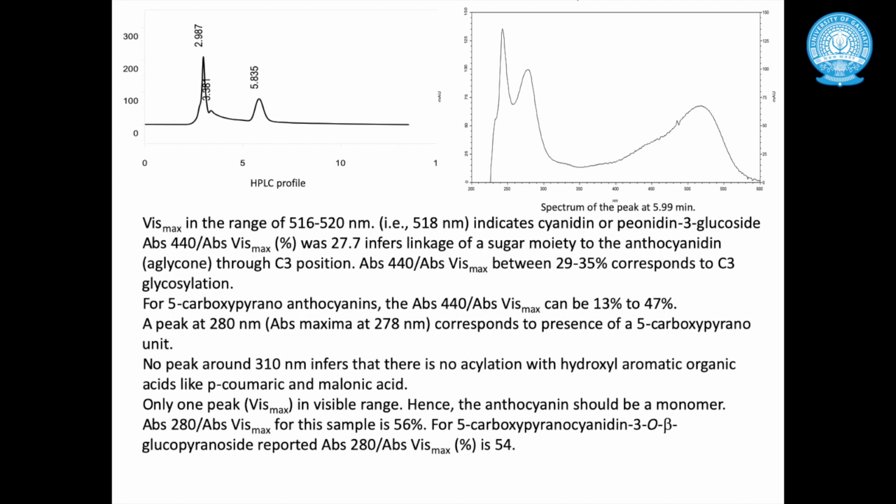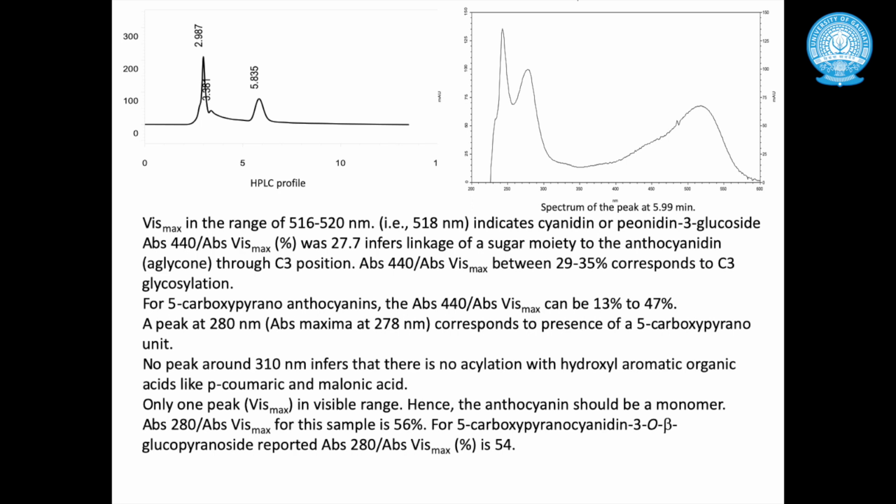The ratio of absorbance at 280 nanometers divided by the absorbance at the visible range maximum, that is at 526 nanometers, will give us information about the sample.